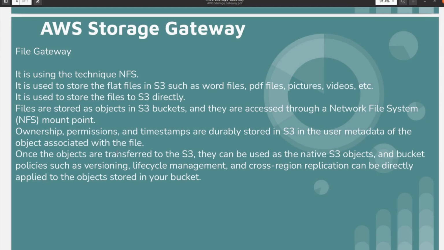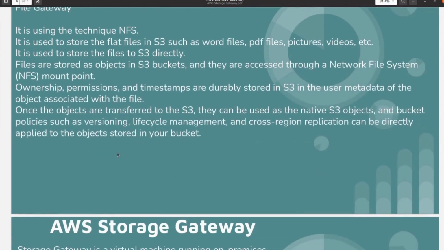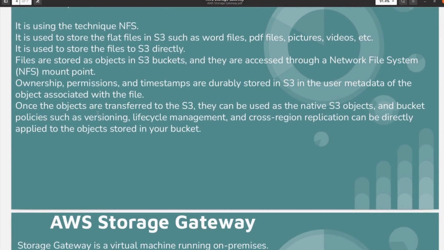The information about the data is metadata. Once the objects are transferred to S3, they can be used as native S3 objects, and bucket policies such as versioning, lifecycle management, and cross-region replication can be directly applied to the objects stored in your S3 bucket.